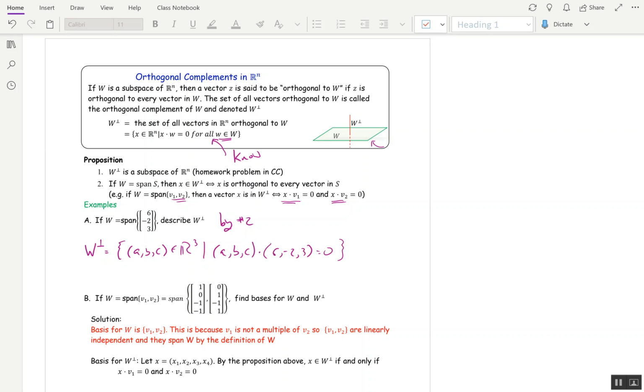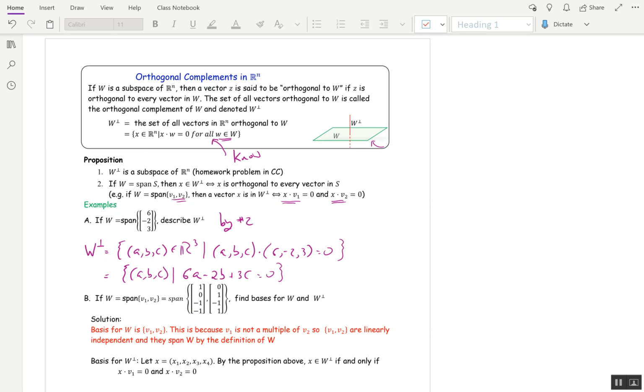Okay, and we can clean that up a little bit. That's just the set of all vectors (a, b, c). I won't bother saying in R3 because it's obvious they're in R3 because they're 3 coordinates. So the set of vectors (a, b, c) such that 6a, so I'm going to do the dotting over here, minus 2b plus 3c is 0.